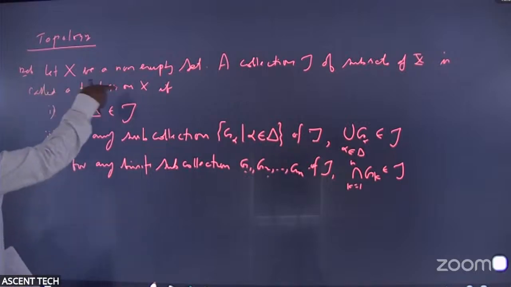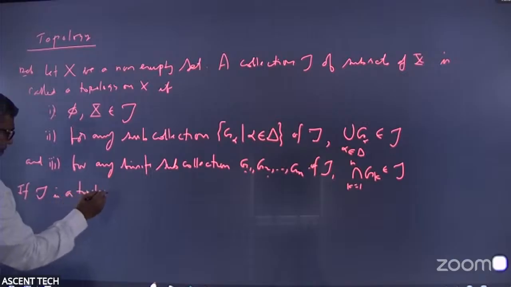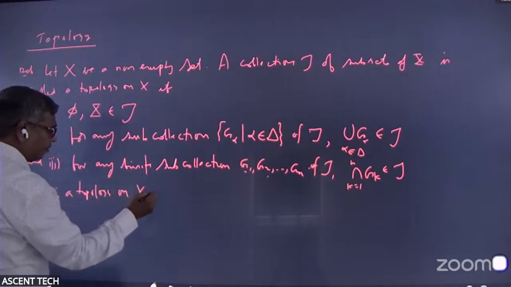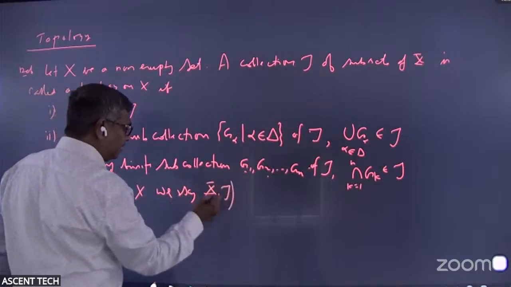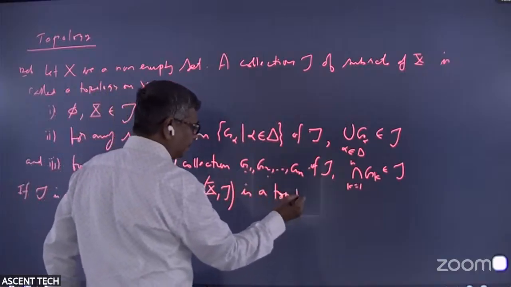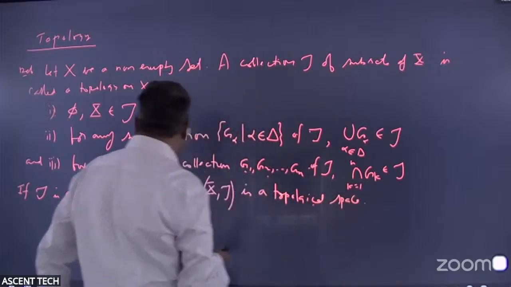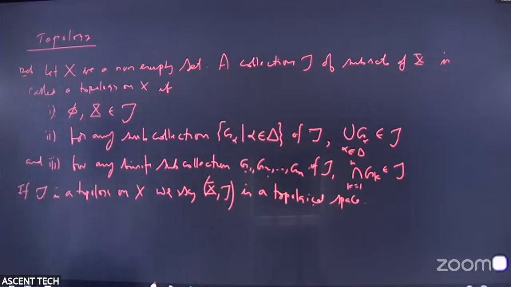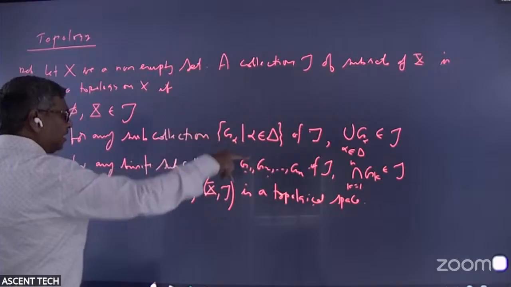So then I say T is a topology on X. If T is a topology on X, we say X comma T is a topological space. A topological space is an ordered pair: an underlying ambient set X and some collection of subsets of X satisfying this property.